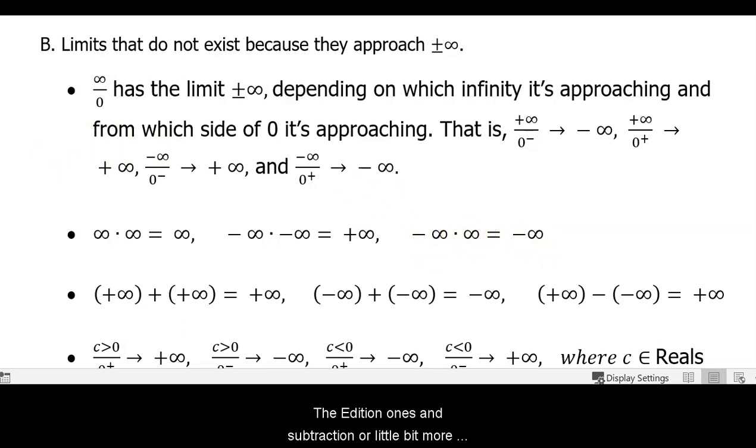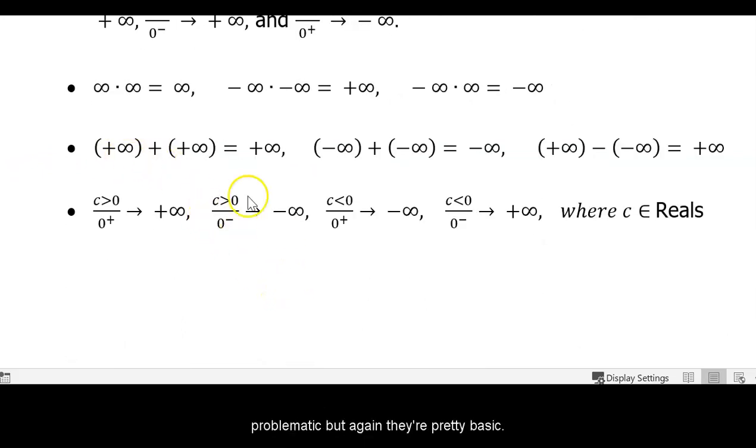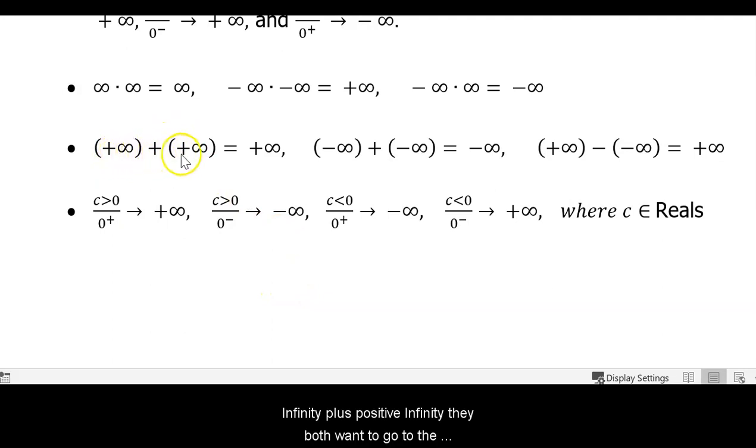The addition and subtraction ones are a little bit more problematic, but again, they're pretty basic. Infinity plus positive infinity, they both want to go to the right, so they go to the right. Negative infinity plus negative infinity, this one wants to go to the left, this wants to go to the left, so they go to the left.